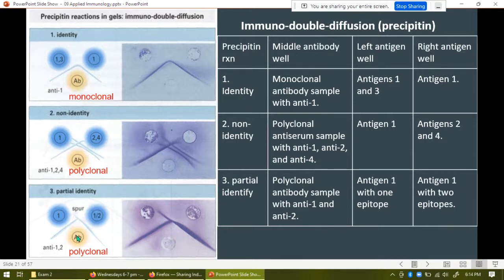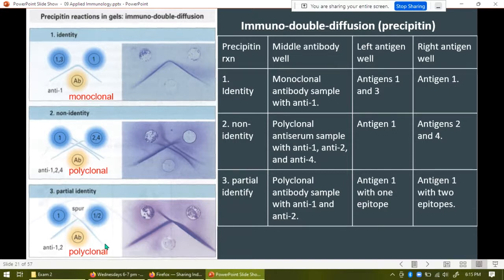Lastly, in our third reaction here, we have antibodies against antigens 1 and 2. So we have antigen 1 in this well, and we have antigens 1 and 2 in this well. Anywhere antigen 1 is found, the antibodies against antigen 1 are going to bind. And anywhere antigen 2 is found, the antibodies against antigen 2 will also bind.